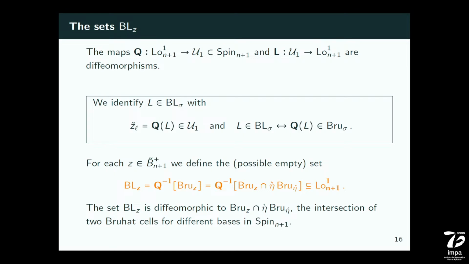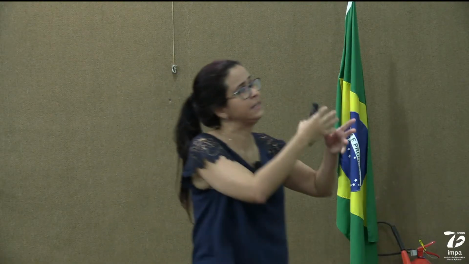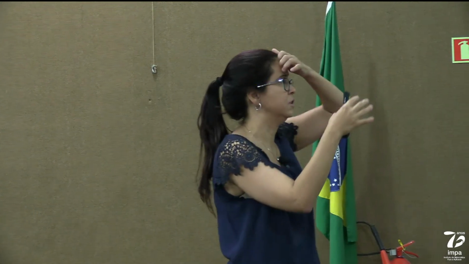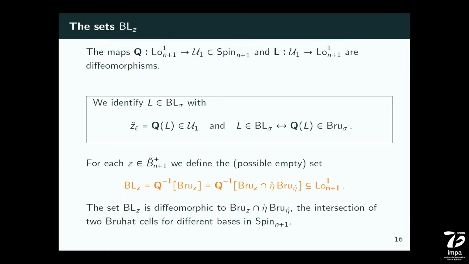This BLZ is diffeomorphic to these intersections of these two Bruhat cells, so that are a subset of the lower group. For this, we did all of this construction, to see that BLZ is diffeomorphic to this. In fact, this is an open cell, the top dimension cell, and this is an arbitrary cell.